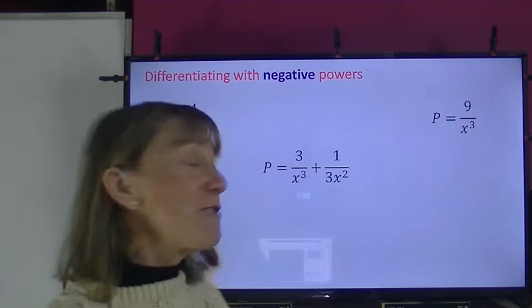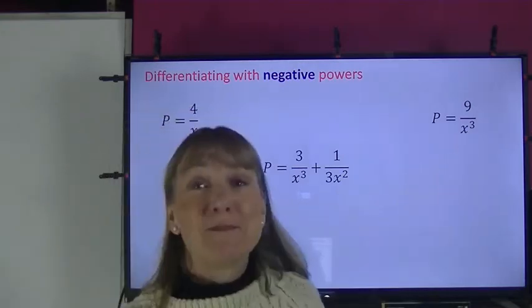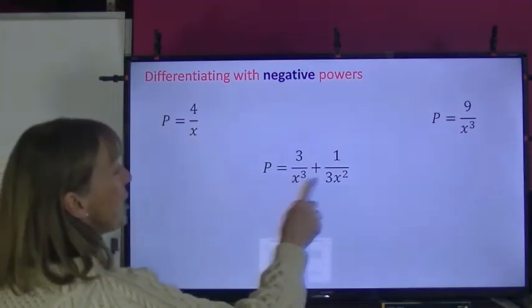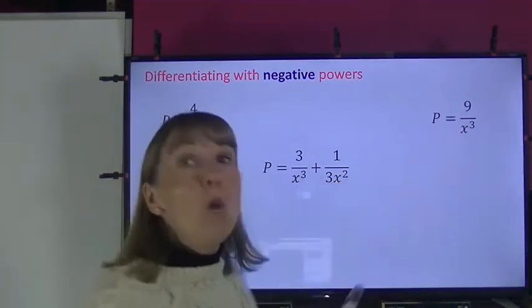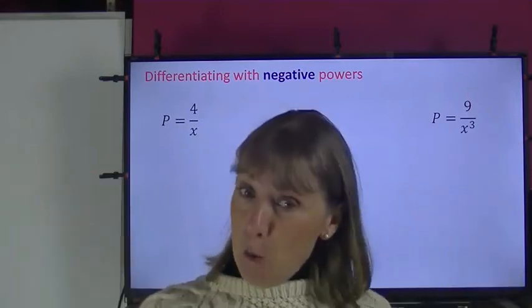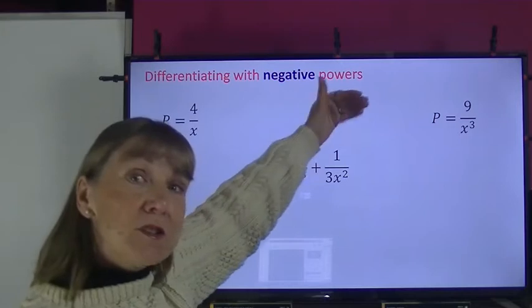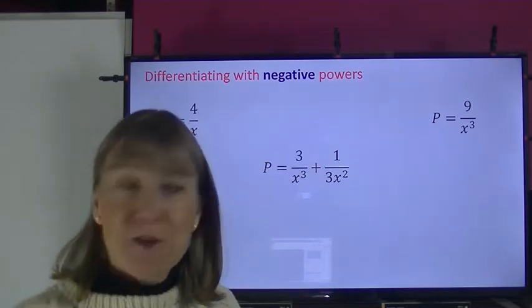So one more with negative powers. They don't look like negative powers, but they are going to become negative powers because we can't differentiate these when they're on the bottom. So we always have to bring them to the top. And hopefully you'll remember from the work we did on powers that when we bring a term to the top, we are changing its power to negative.